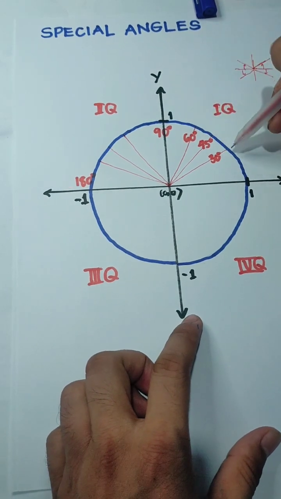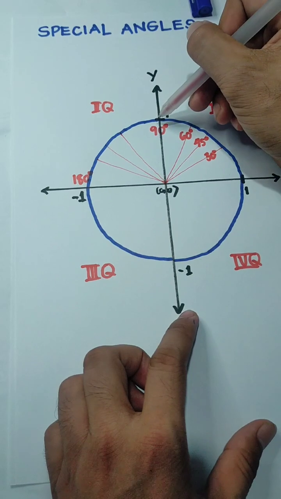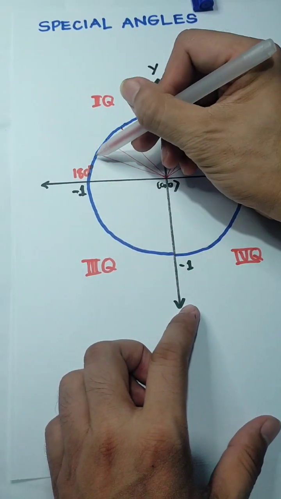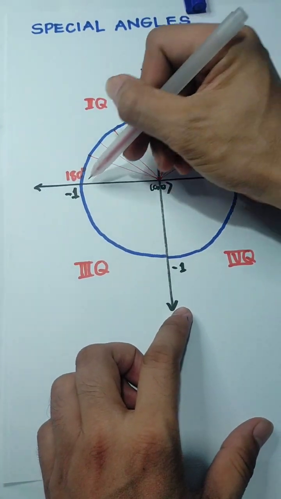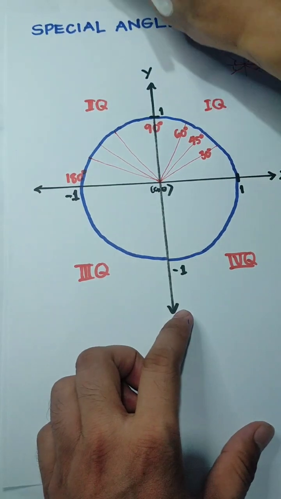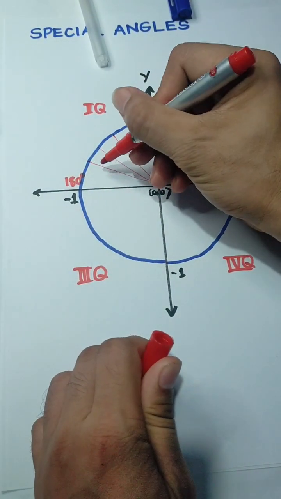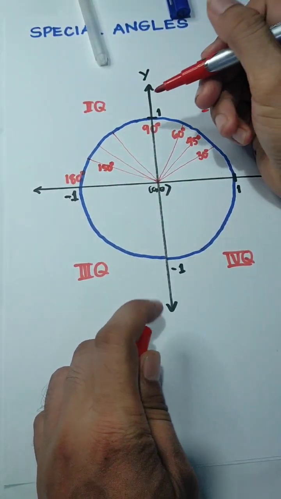Now we'll continue the measure of our angle up to 180 degrees. So we start from here. If we start here, okay, that's 180. So the angle here, we subtract, since this is 30 degrees, so 180 minus 30, that gives us 150. Okay, this is 150 degrees here.